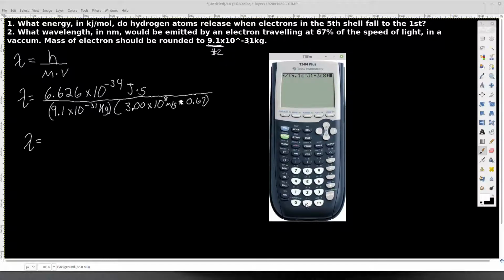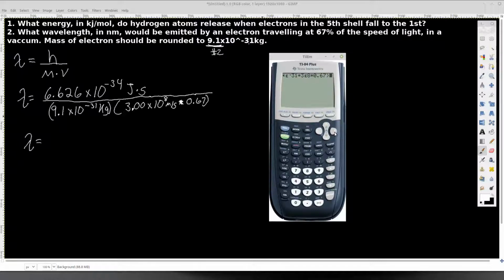So that's going to be multiplied by 0.67, or you could just type in 0.67. Either one is fine. Please be sure to close your parentheses there, okay? Now, I'm having to do that because I've got multiple terms here. I've got 3 numbers in the denominator. So I made sure to capture, if you look here on the calculator, all of my numbers in parentheses in my denominator, okay?